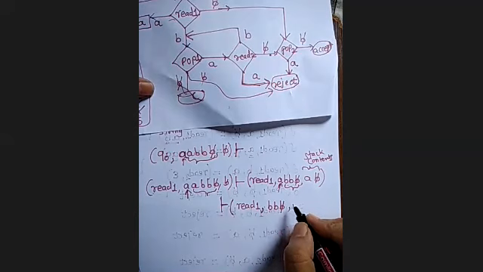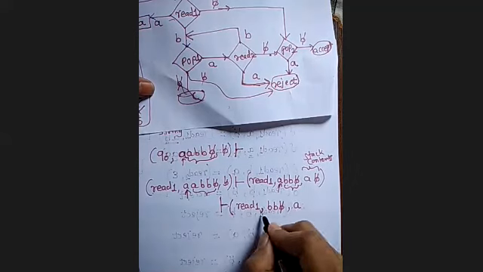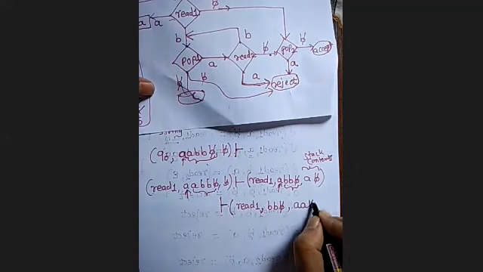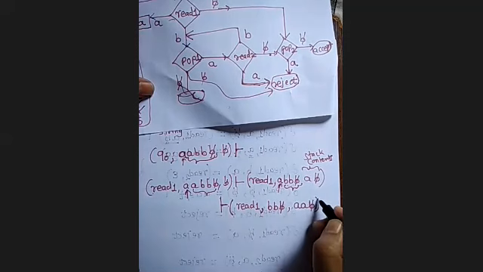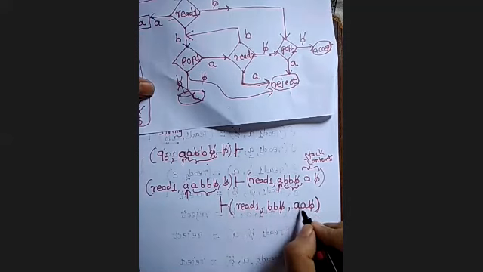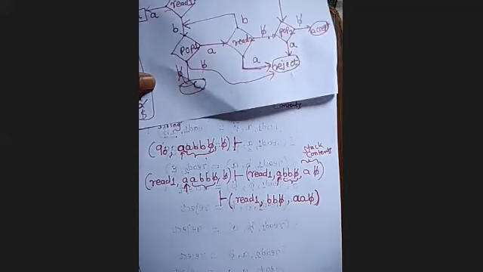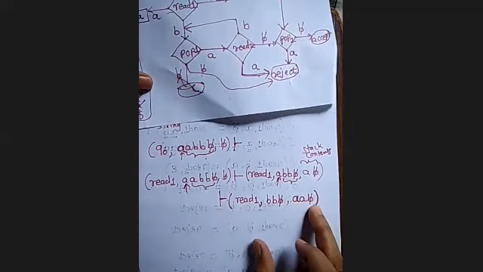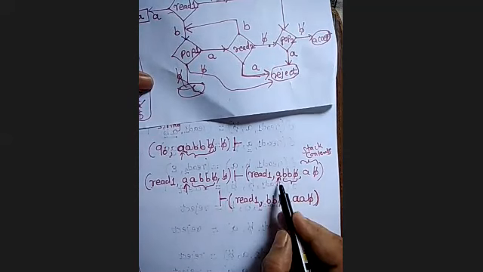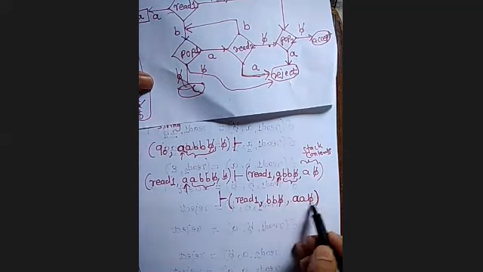What is the stack content now? A is pushed, no? This is the stack content. Or you can show only A if you want to show the two symbols. But you can write on paper, no? So this A is read, and that is pushed on the stack.